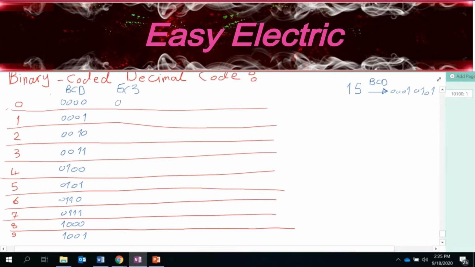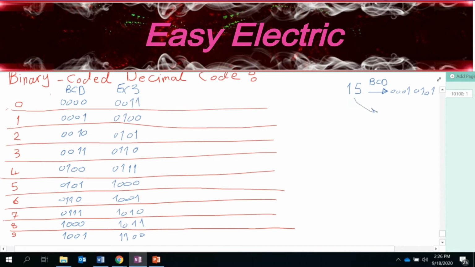So in XS3, 0 is represented with this, 1 with this, 2 with these 4 digits, 3 with these 4 digits, 4 with these 4 digits, 5 is 1 0 0 0, 6 is 1 0 0 1, 7 is 1 0 1 0, 8 is 1 0 1 1, and 9 is again 1 1 0 0.